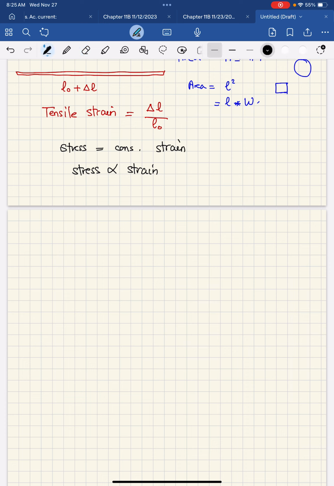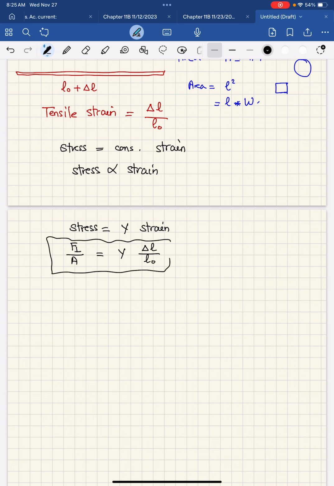We call them moduli. Stress equals Y times strain. We can write this as F divided by A equals Y times delta L divided by L0. Then this is the equation that I'm going to use. Of course, as I mentioned, this is called Young's modulus.